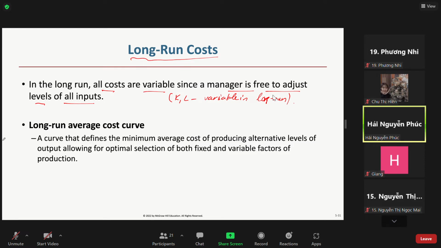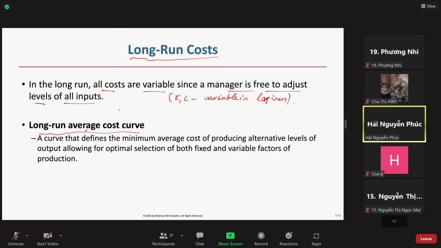Now the long run average cost curve, we're going to take care of. Here we do not use average total cost or average variable cost, because these two concepts are not relevant when we are talking about the long run cost, because in the long run, all the costs are variable.